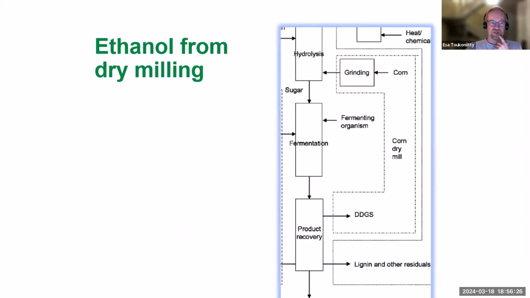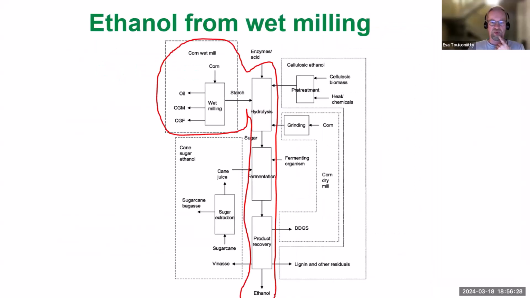So this was the second possibility to make ethanol. And notice now we have the big picture here. In the center there is always more or less the same, like fermentation, product recovery, and hydrolysis in some of these parts, but the other routes vary slightly.